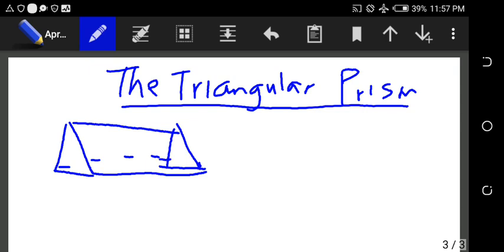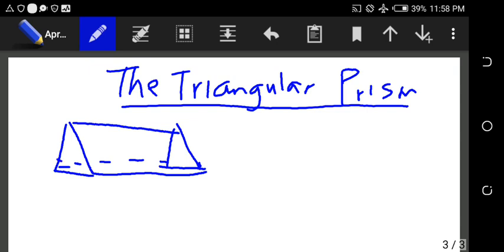Alright, that's a rough sketch, but that's approximately what your triangular prism looks like. Let me try and see if I can make it a bit straighter. Okay, something like that.